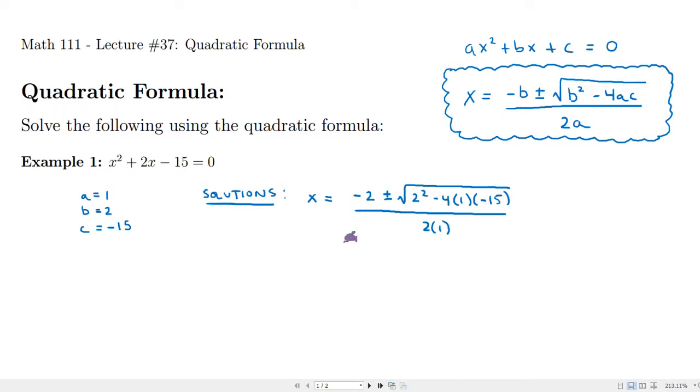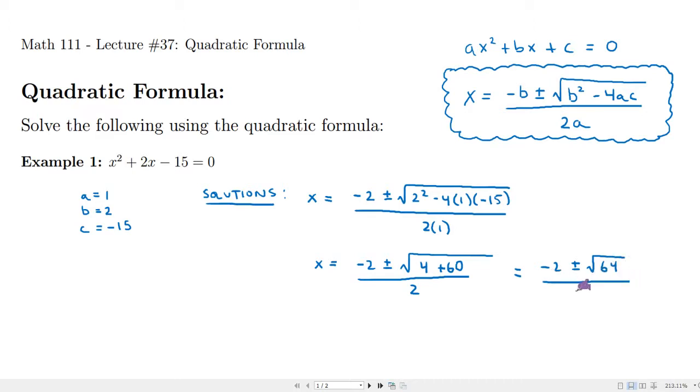And then now we just have to simplify this expression. So we have x is negative 2 plus or minus the square root of 4 minus, and that's negative 4 times negative 15, so this will actually be positive 60, divided by 2. So this is negative 2 plus or minus the square root of 64, and 64 is a perfect square. The square root of 64 is 8.